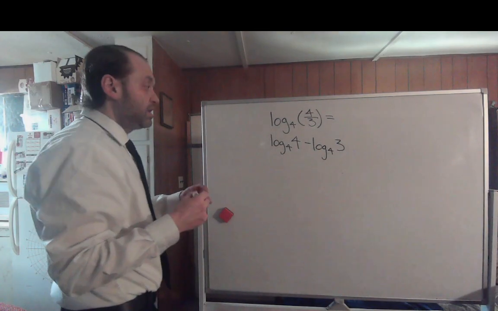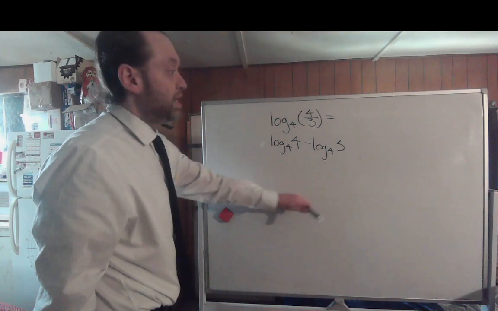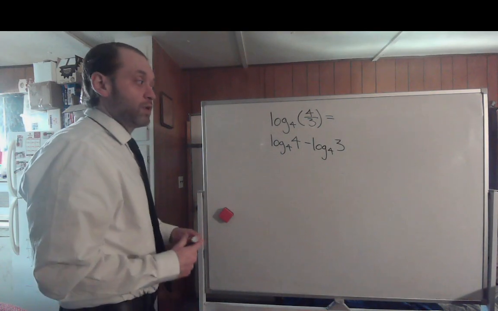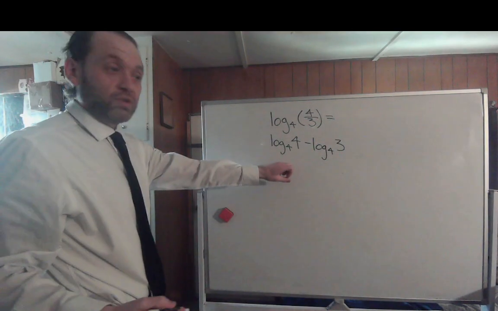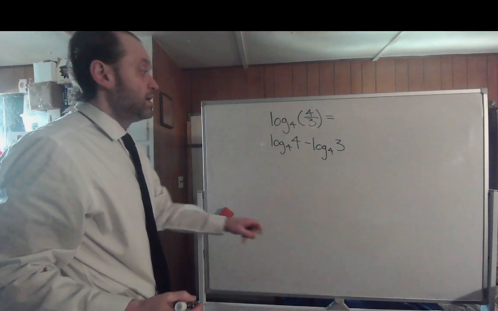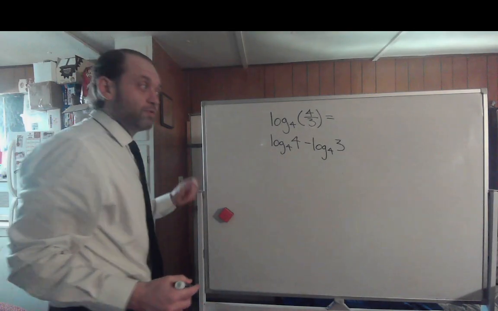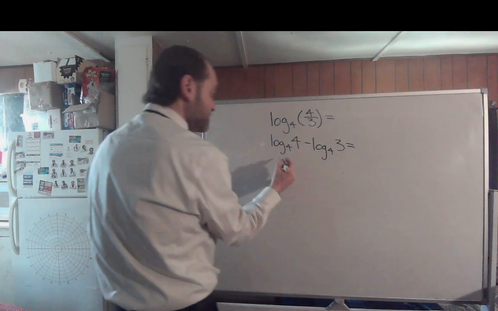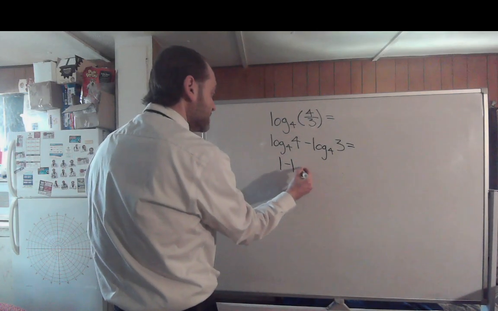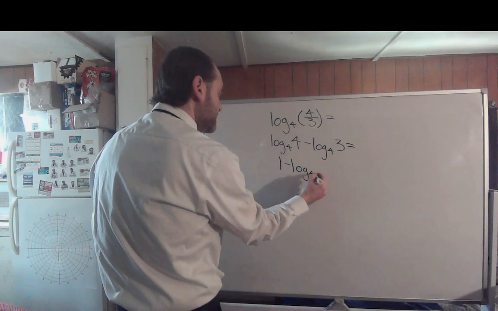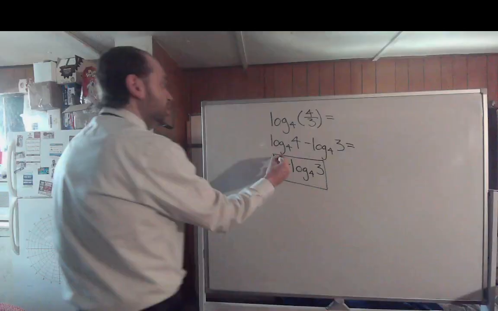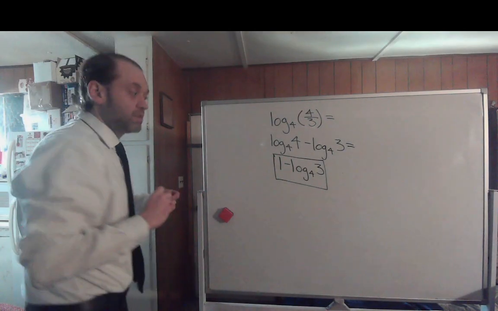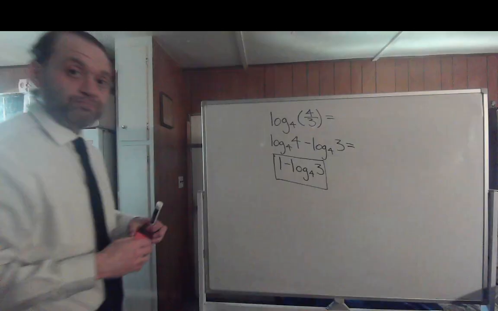So it's the log of the numerator minus the log of the denominator for a quotient property. However, the log base 4 of 4 simplifies further, right? 4 to what power equals 4? That'd be 1, so this would simplify into 1 minus log base 4 of 3. And that's the best we could do with this. So you end up getting 1 minus log base 4 of 3.